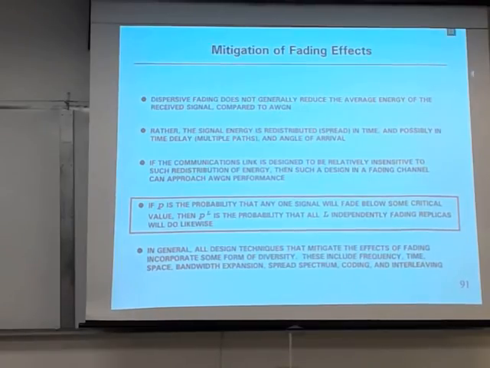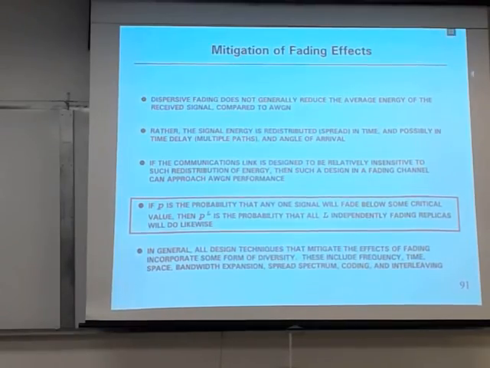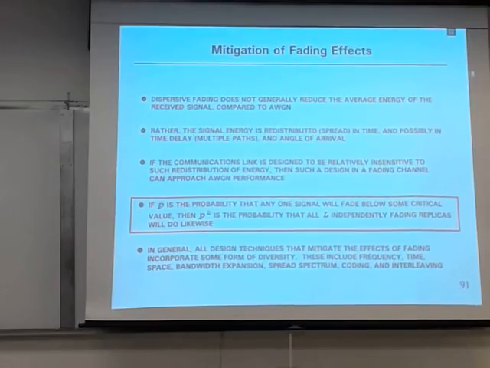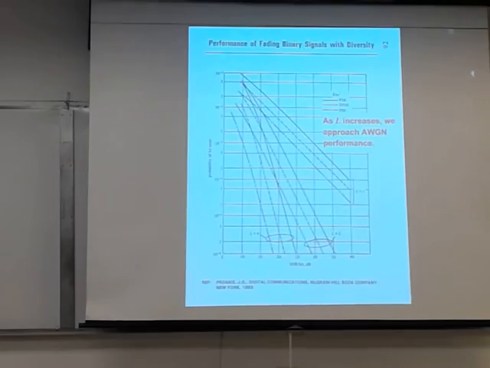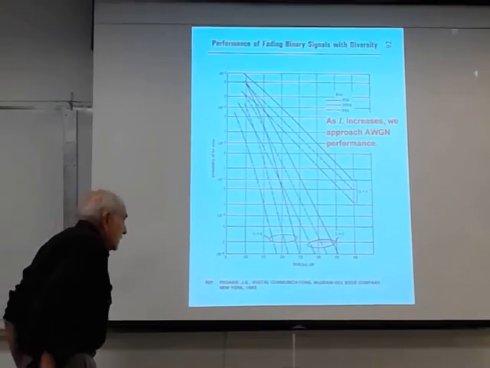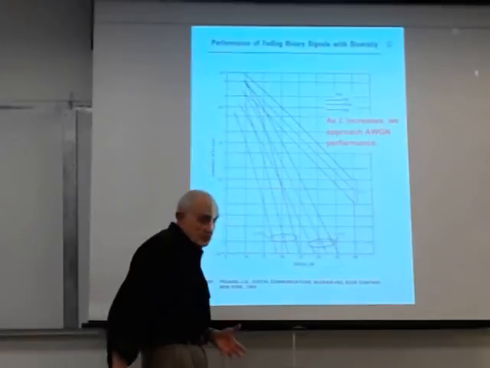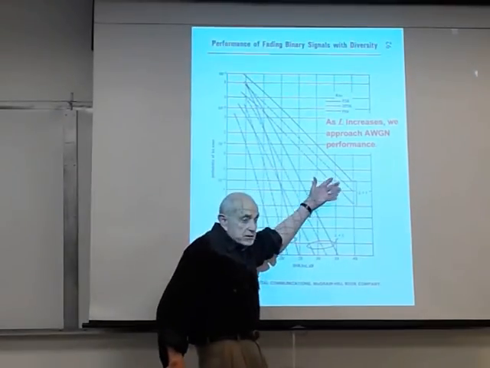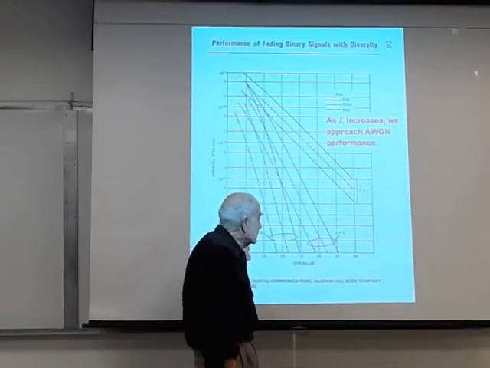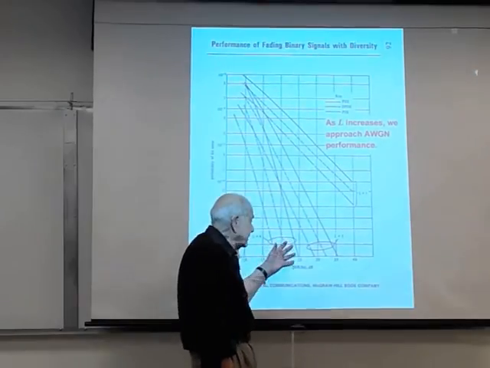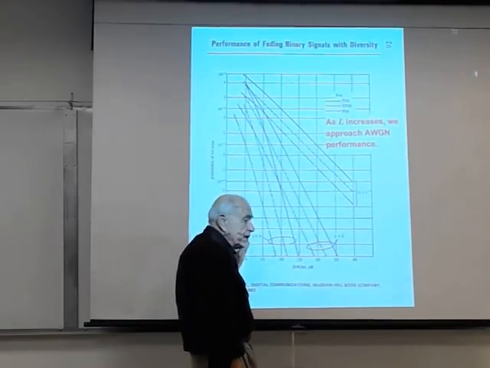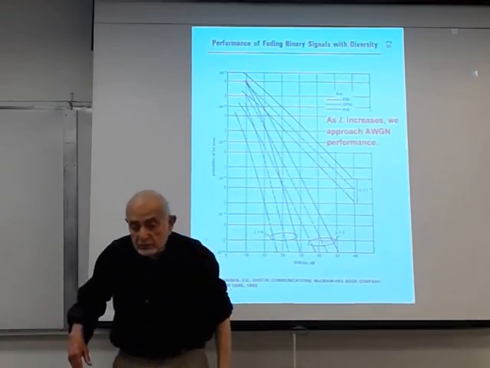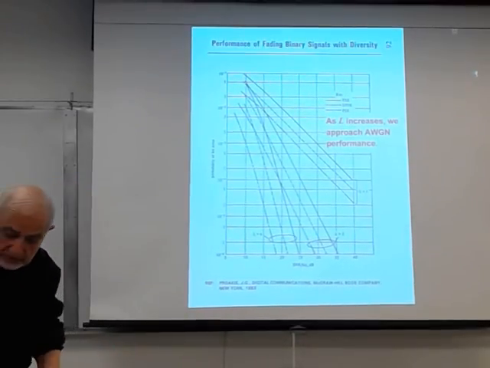So at least if they're all independent looks, you've got a good chance that some of them are going to be better than others, and you're going to wind up with a better performance. And so this is the general appearance of what these inverse linear probability bit error curves look like. As you increase L, one look, one copy of each signal, 2 independent looks, 4 independent looks, you see that you're moving in the direction of an AWGN shape of the performance.